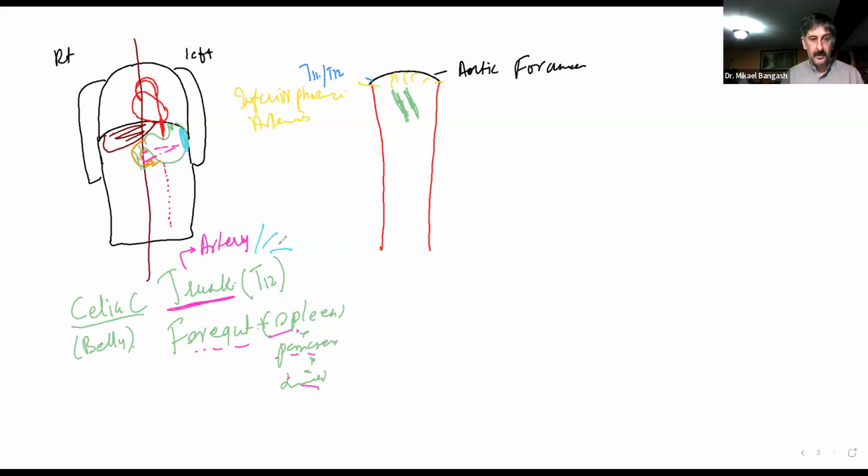So if you look at it, this here is your celiac trunk. Now the celiac trunk is going to give off a total of 3 branches.